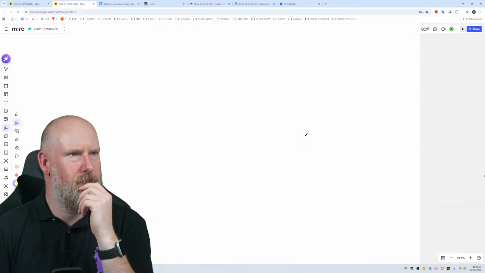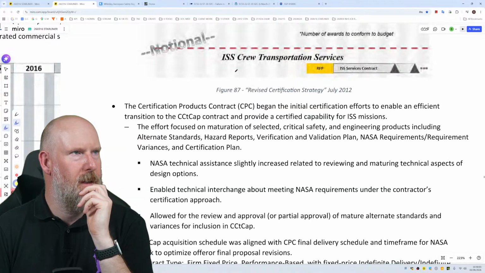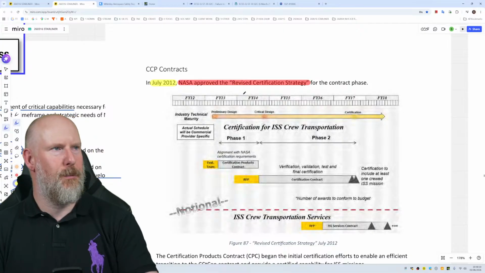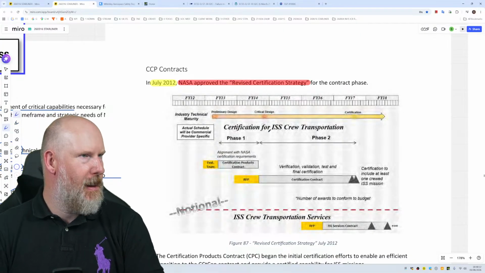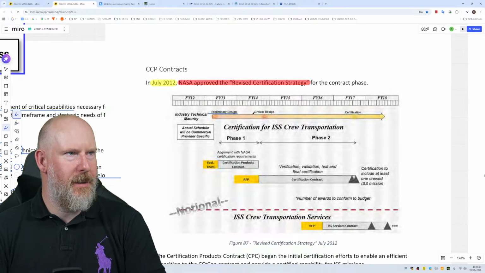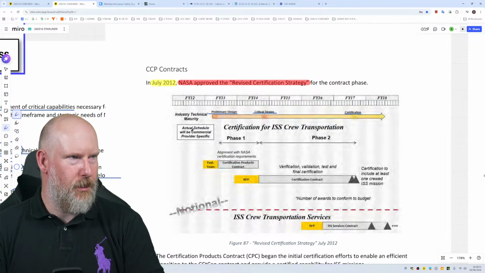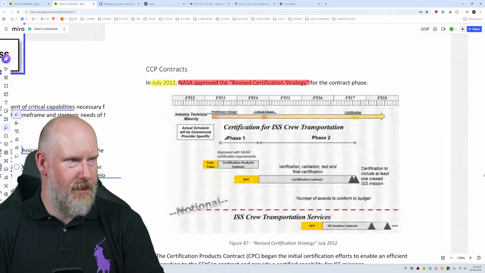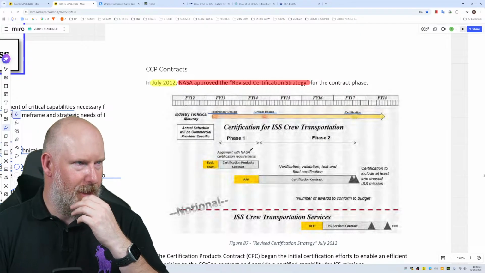Let's keep going. Right. So on this diagram, we've got 2012, 13. So there's the preliminary design, critical design, and then certification. So we've got industry technical maturity. Actual schedule will be commercial provider specific. So certification for ISS crew transportation, phase 1, phase 2, alignment with NASA certification requirements.